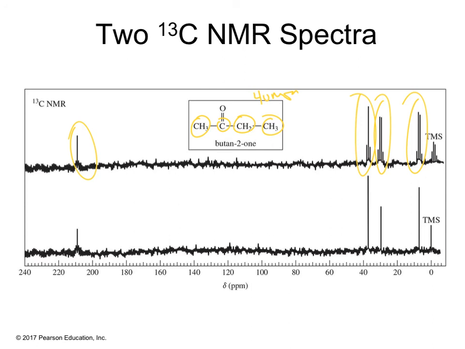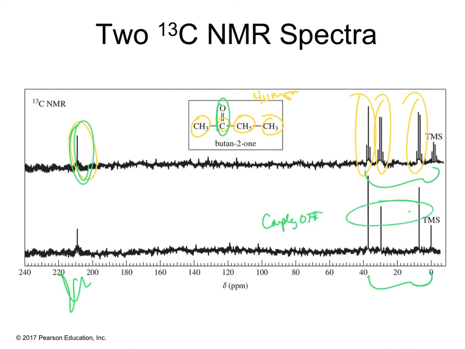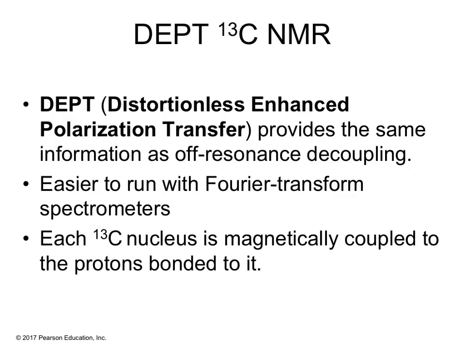Could you see that this is your carbonyl because it's up here? And the rest of these are at lower field. Now the one below here is where the coupling is turned off. And you see how it's kind of neater? Most people do that because the coupling doesn't really help you too much on carbon. These are different types of carbon spectra, so don't worry about those.